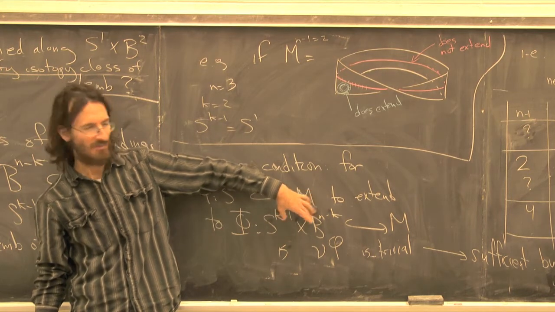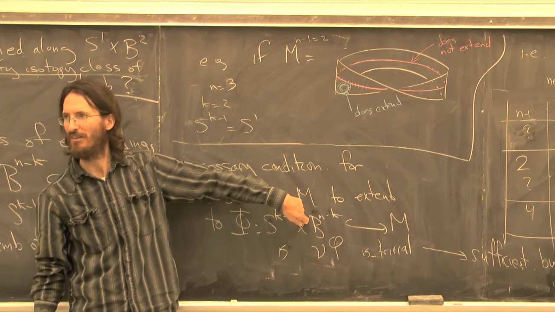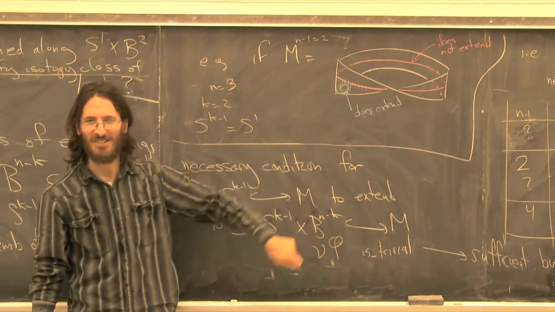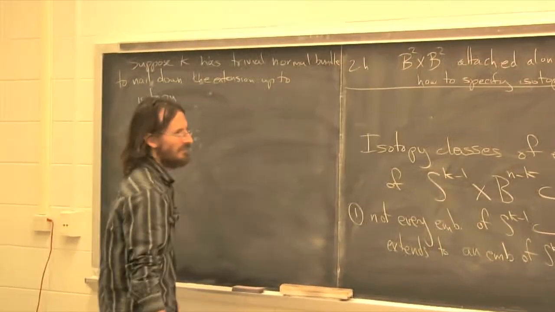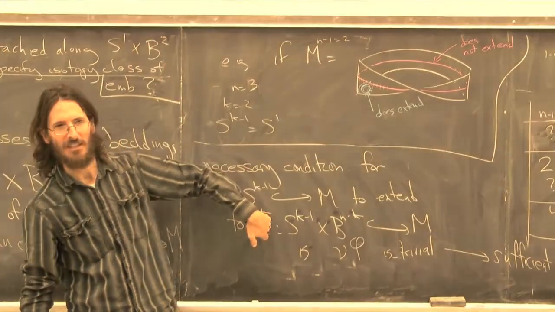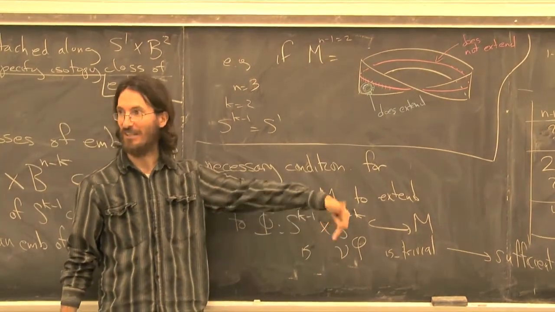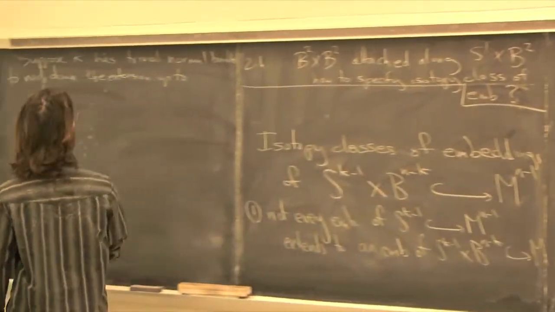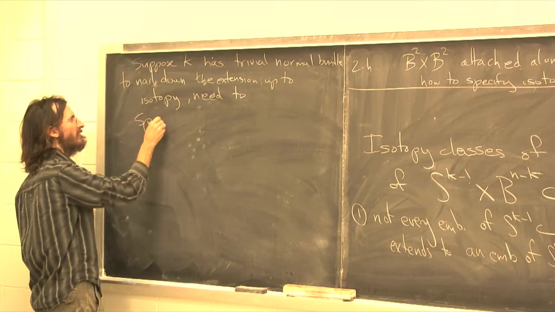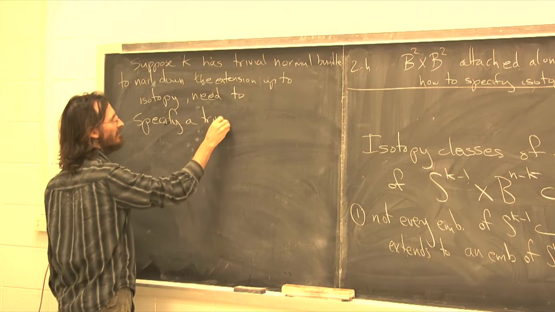Trivialized normal bundle means its normal bundle to S^(k-1) cross 0 comes with a particular identification with the trivial bundle, namely S^(k-1) cross B^(n-k). So any particular extension of little phi to capital Phi will induce a trivialization of the normal bundle, not just tell you that it is trivial, but give you a trivialization. So you need to specify a trivialization.